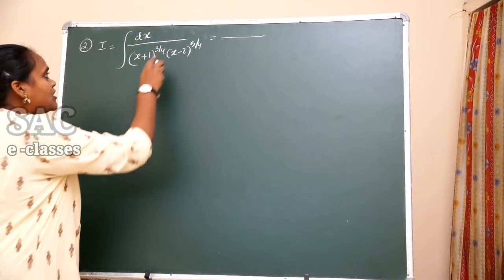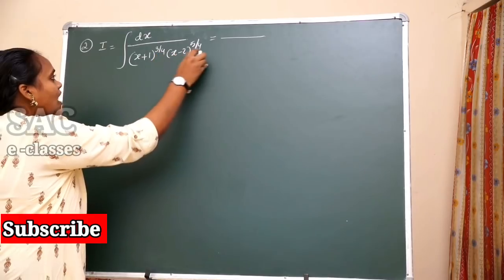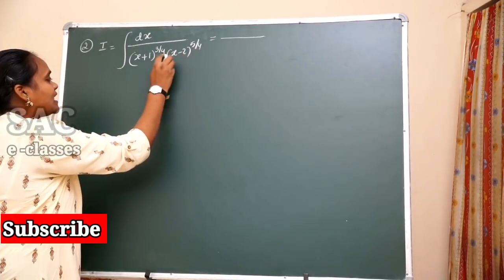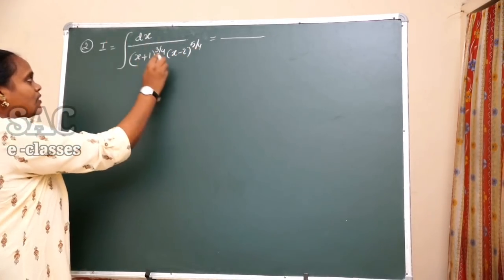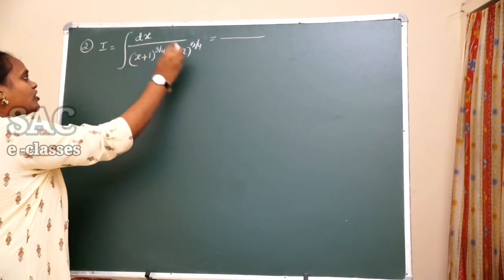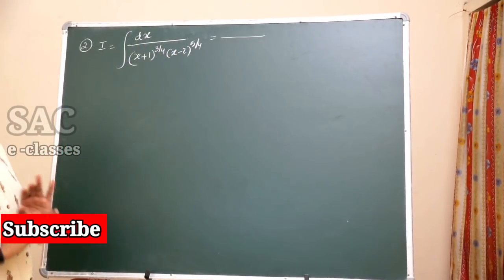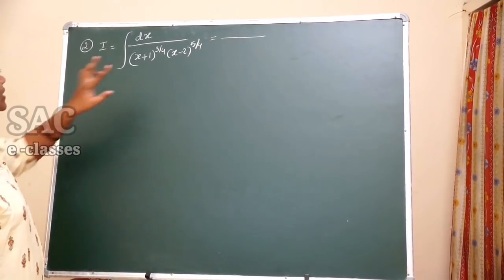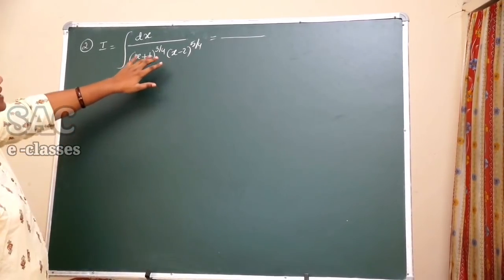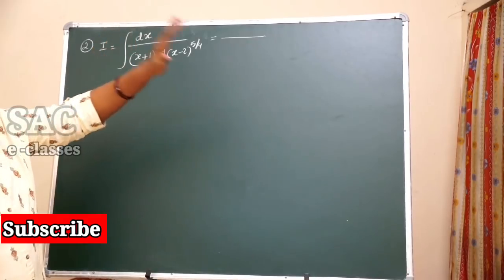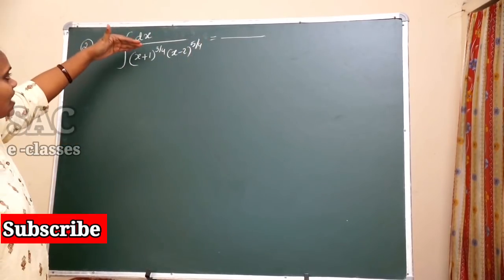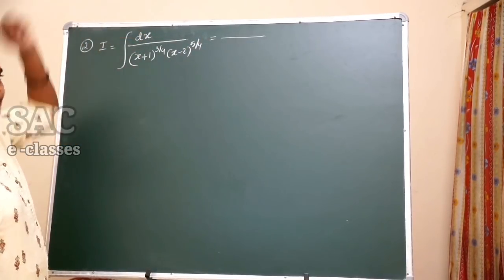But if you observe, the power is the same, their order is the same. This is also a fourth root, it is also a fourth root. So we have to multiply by something to make them the same power.